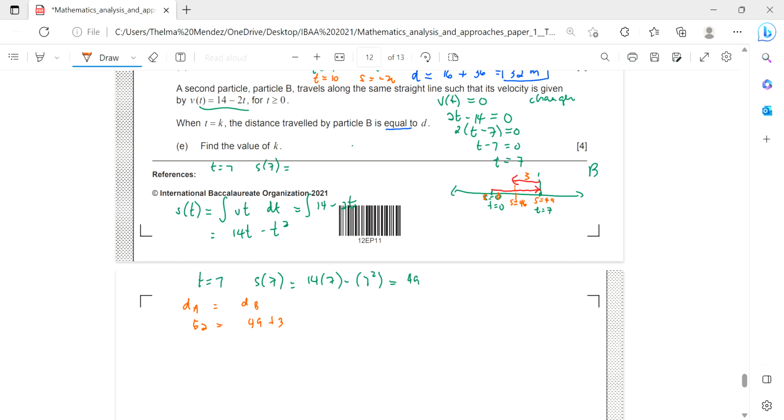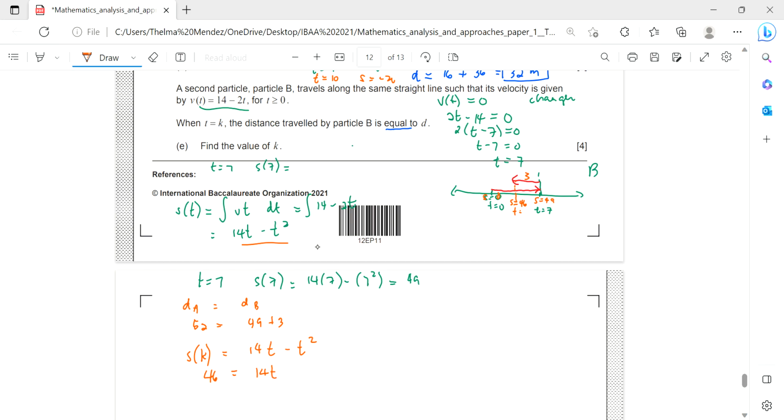So we are looking for the value of S of k, but we don't know what k is. But we know this to be 46.